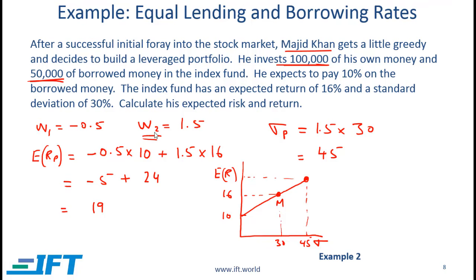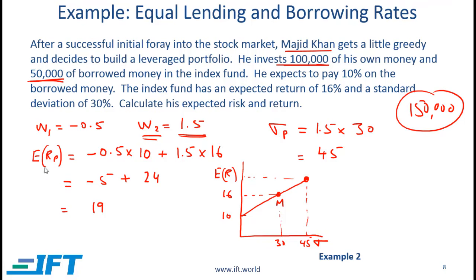W2 represents the weight in the market, which is 1.5 because the amount that is invested in the market is 150,000.